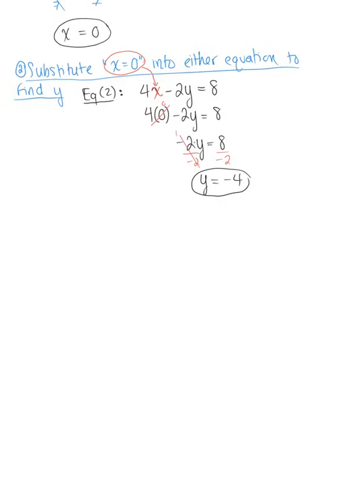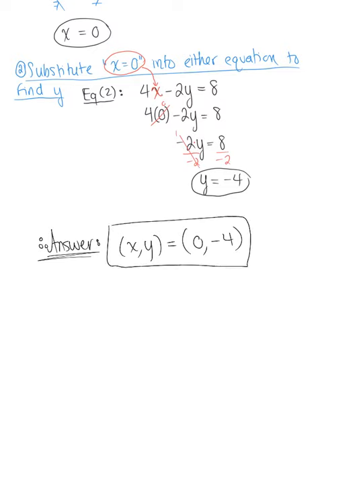Okay, and so our final answer here is the coordinate point x, y. So when x is 0, y is negative 4. And so what is this telling us?